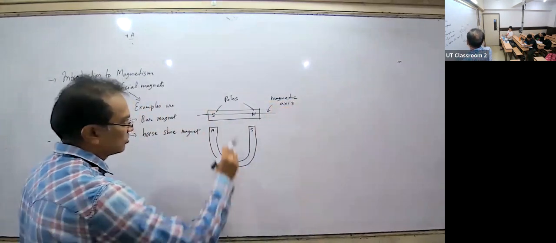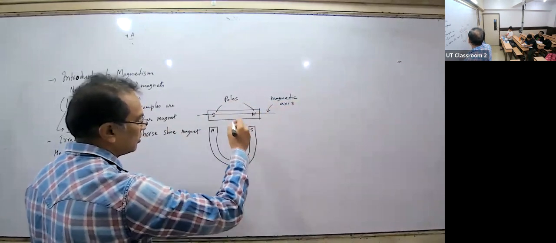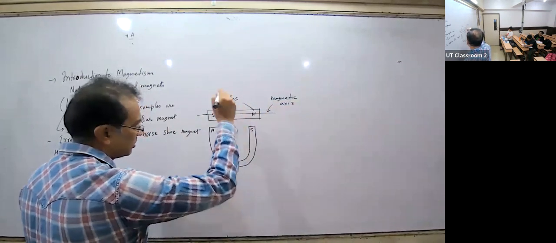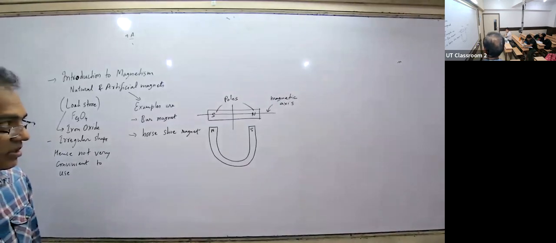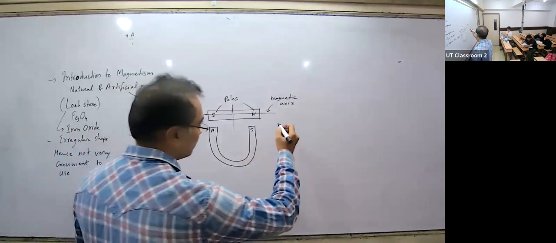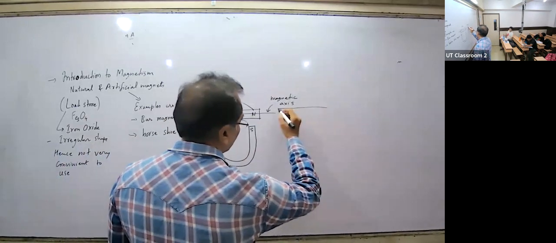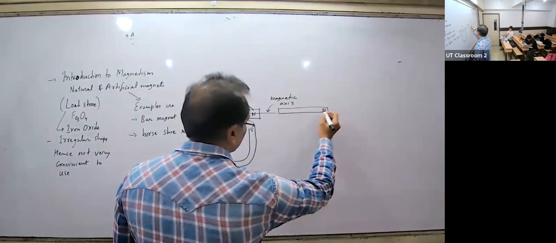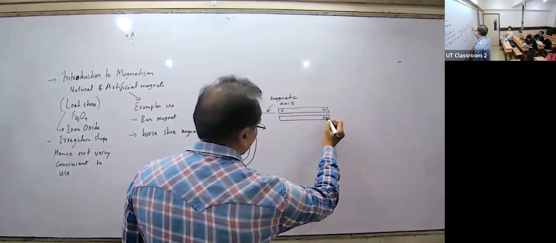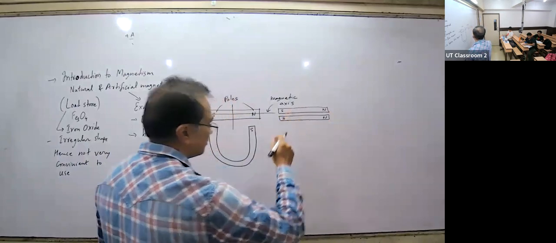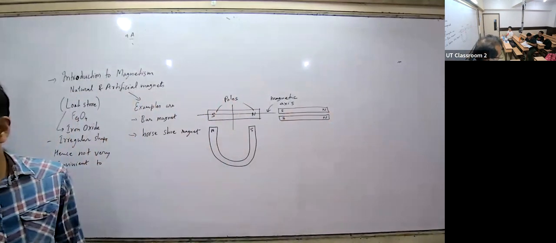Okay. So either you can have 2 long magnets or you can break it along the perpendicular passing through the magnetic axis. So either way, you will get 2 magnets. In the first case, you will get 2 long magnets like this. But now each magnet will have half the strength of the original magnet.